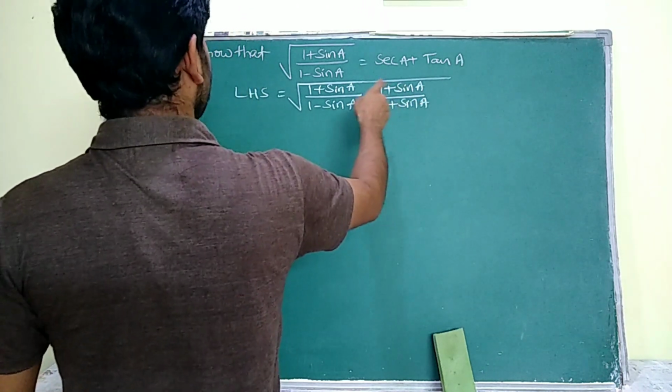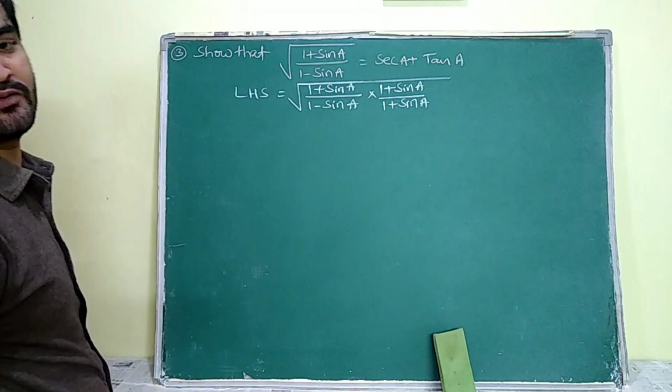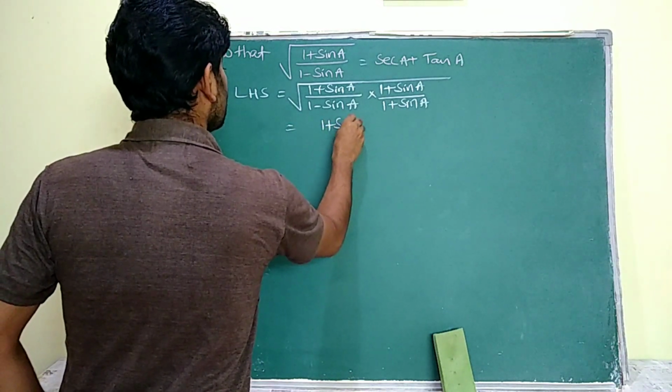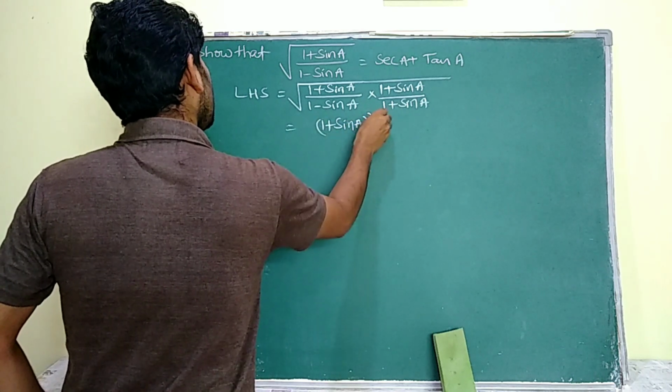By multiplying both numerator and denominator with 1 plus sin A, our answer is going to be (1 plus sin A) whole square.